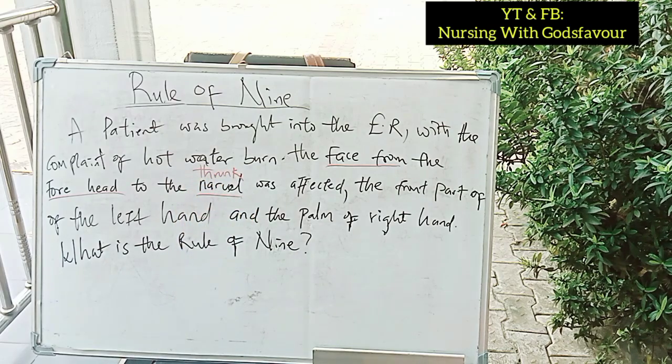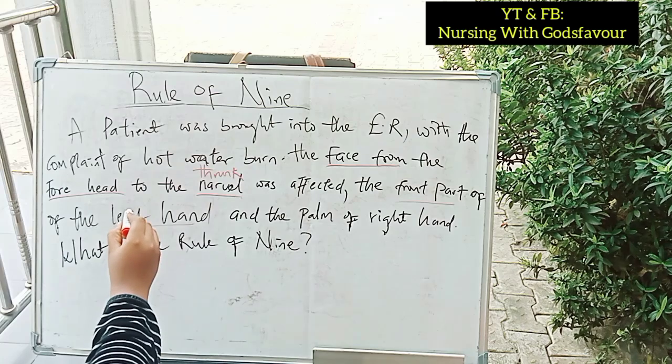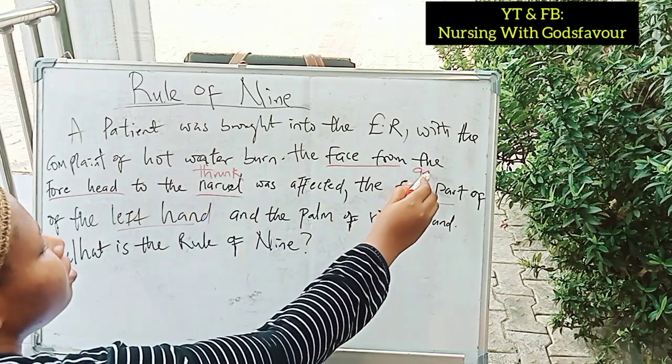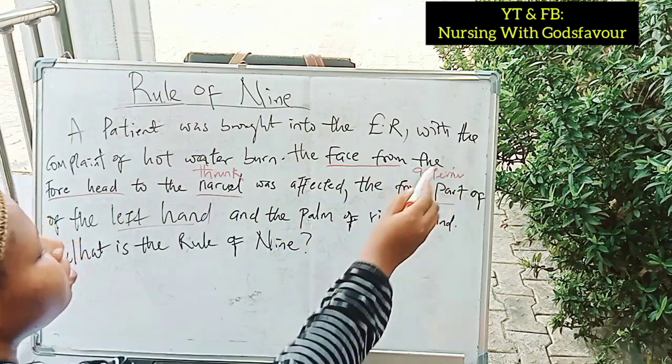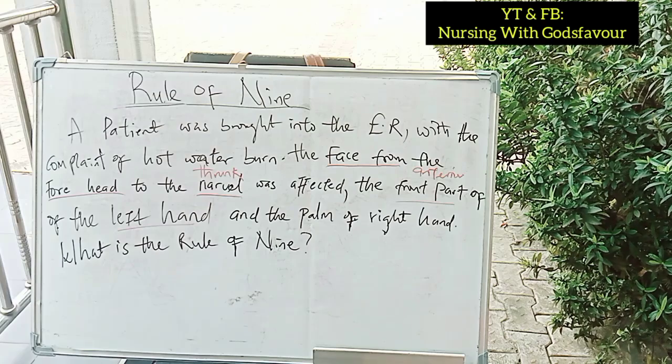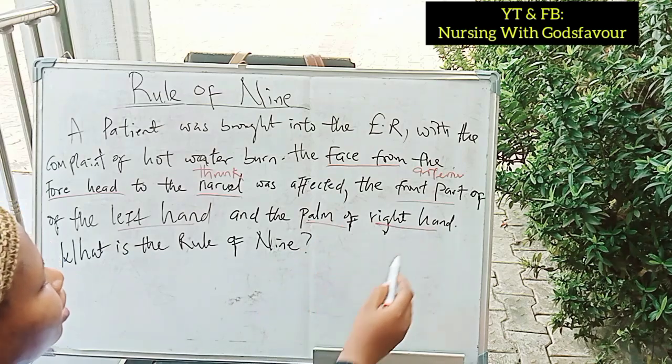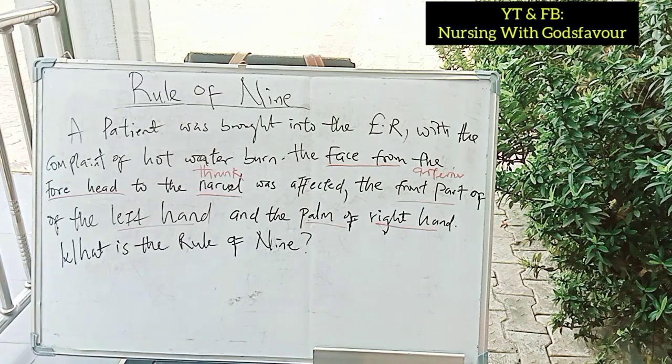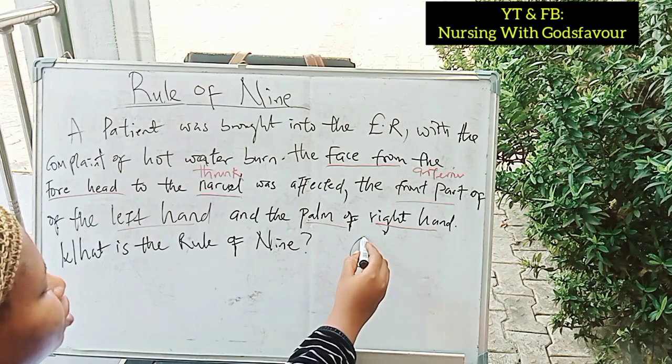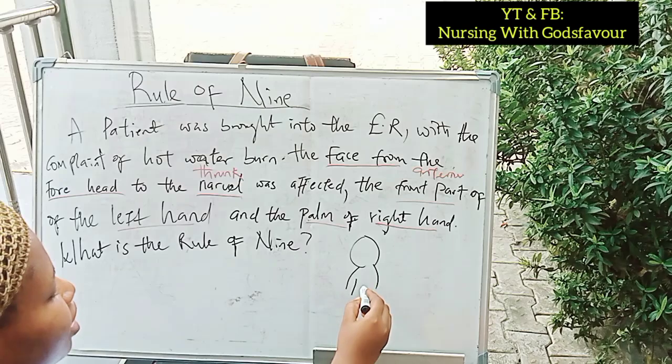Not only that, it affected the front part of the left hand, which can be called anterior, and then the palm of the right hand. So we should calculate the rule of 9. If you remember what we discussed before, let me have a picture for easy calculation.